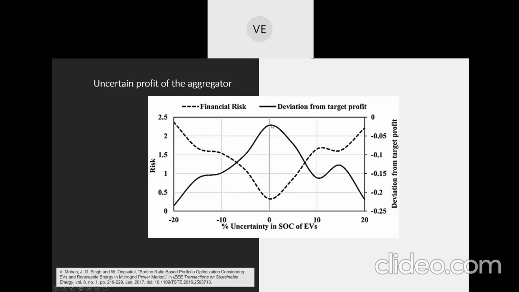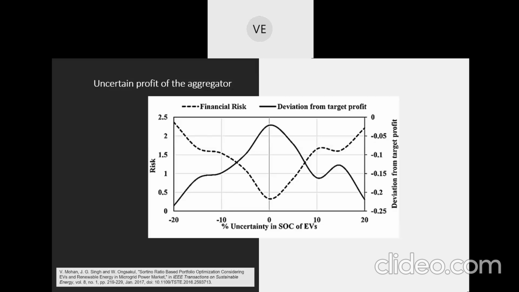Why is there a financial risk? Because whenever there is real-time deviation in power, the aggregator will look for reserves or spinning reserves. He has to depend on spinning reserves or grid balance. Grid itself acts as a reserve. So normally, power that is dispatched in emergency requirement is costly when compared to the cheaper schedules.